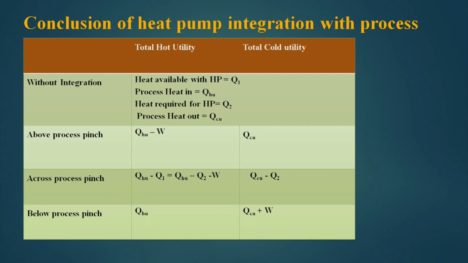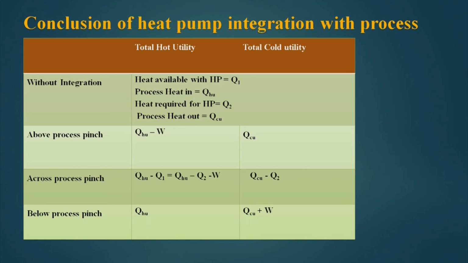And if you see the process, the hot utility requirement for the process is QHU and the cold utility requirement is QCU. So, when we integrate the heat pump above the pinch, the hot utility requirement becomes QHU minus W and the cold utility requirement remains unchanged, that is QCU.